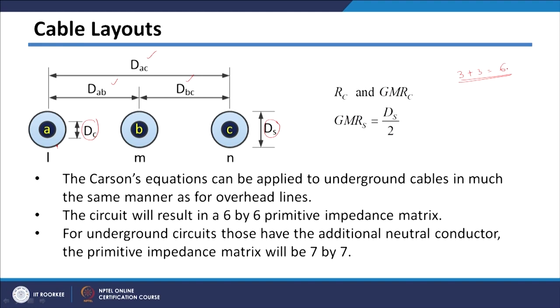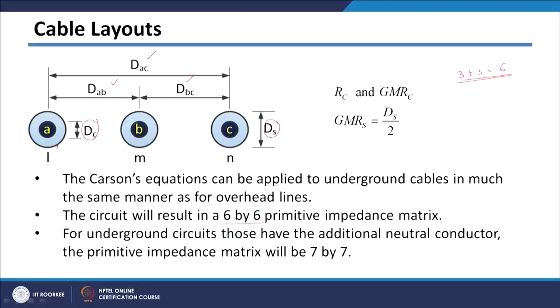In this case also we can apply Carson's equations, which are derived in a similar manner as for overhead lines. The primitive impedance matrix will be of 6 by 6 size.